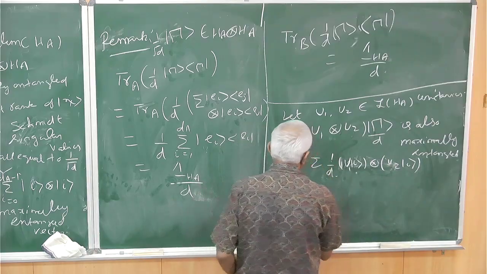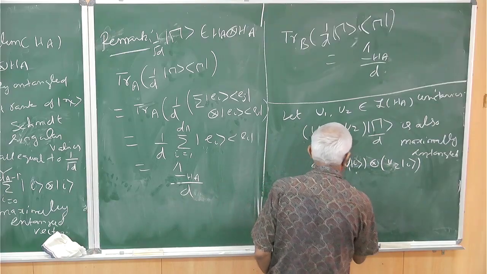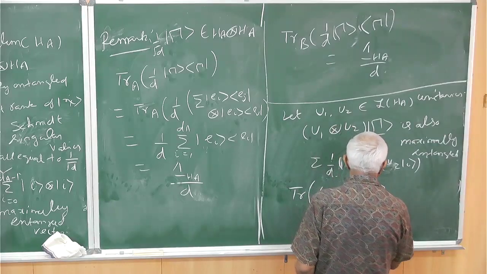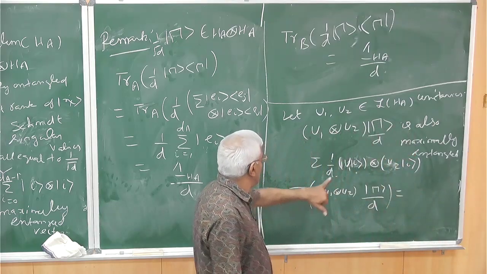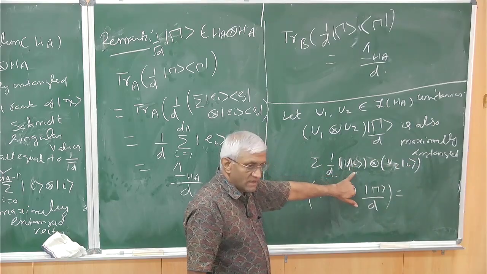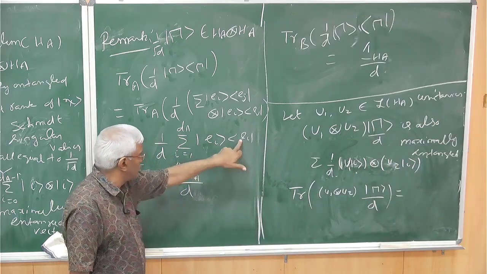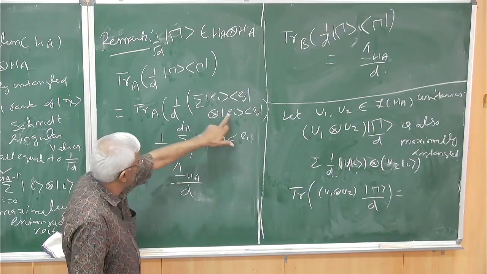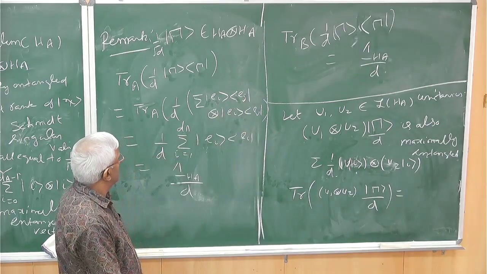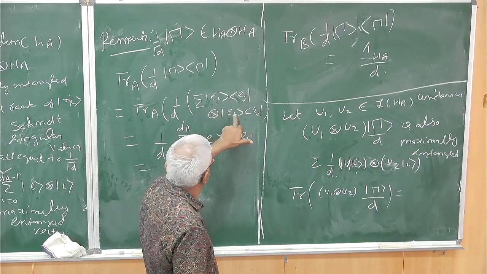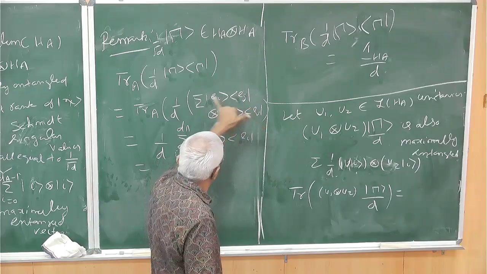And here also, if you take the trace of any U1 tensor U2 of gamma by d, the same thing will work. In the first component it is U. The second component, this is e_i tensor e_i, so it will be U1, U1, U1, U2, U2.